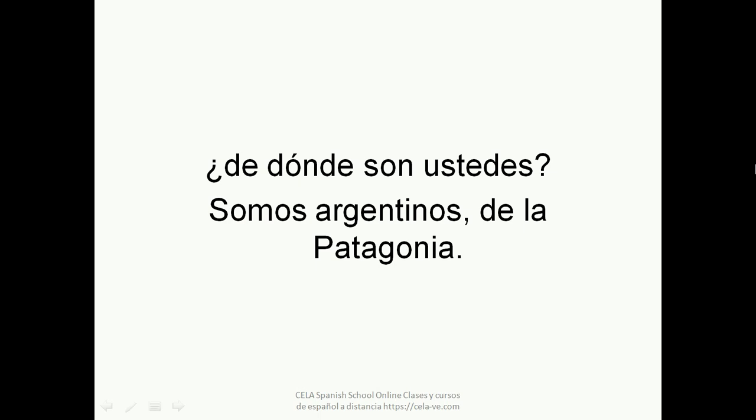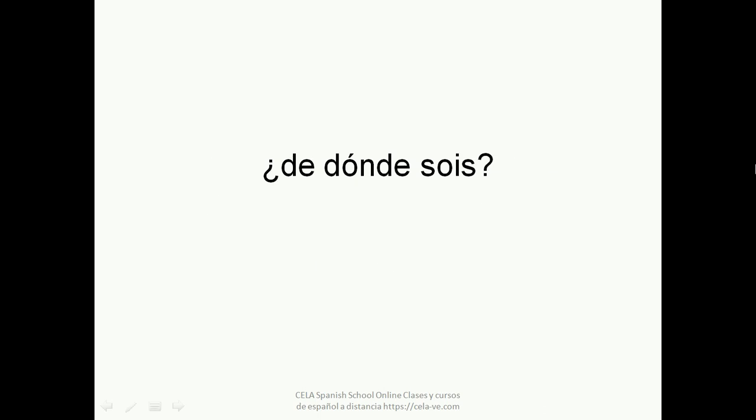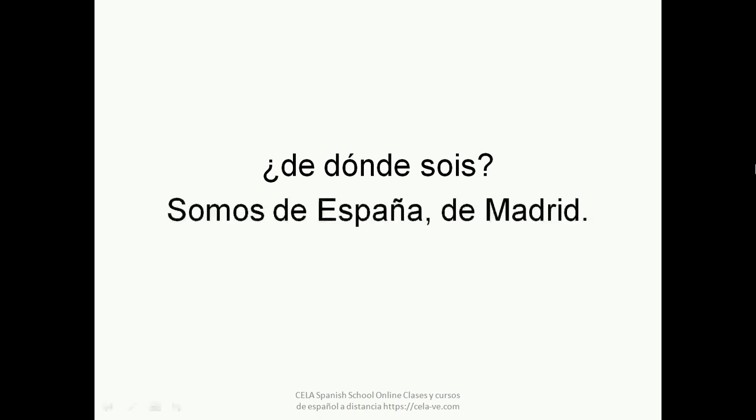Somos argentinos, de la Patagonia. ¿De dónde sois? Somos de España, de Madrid.